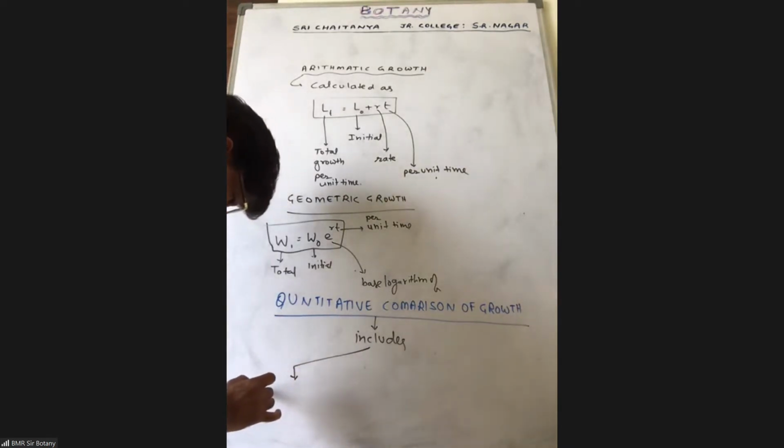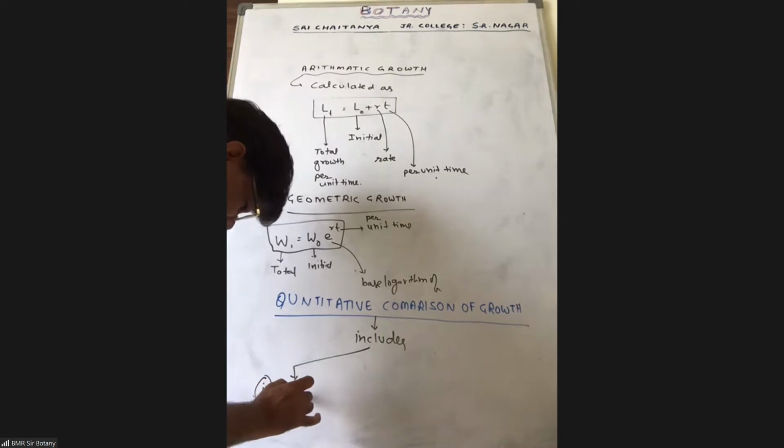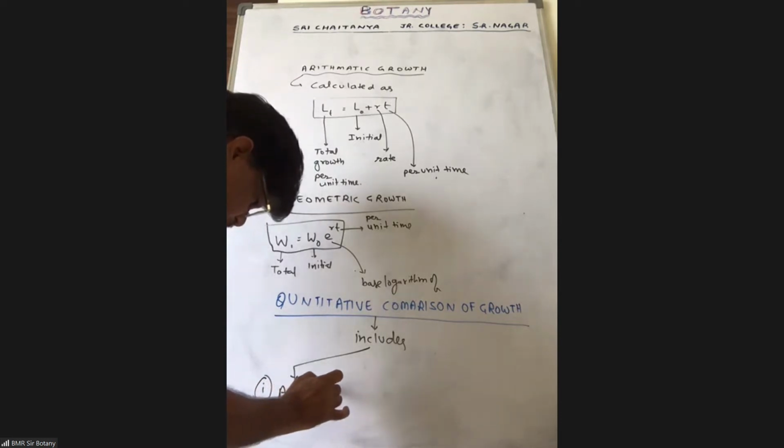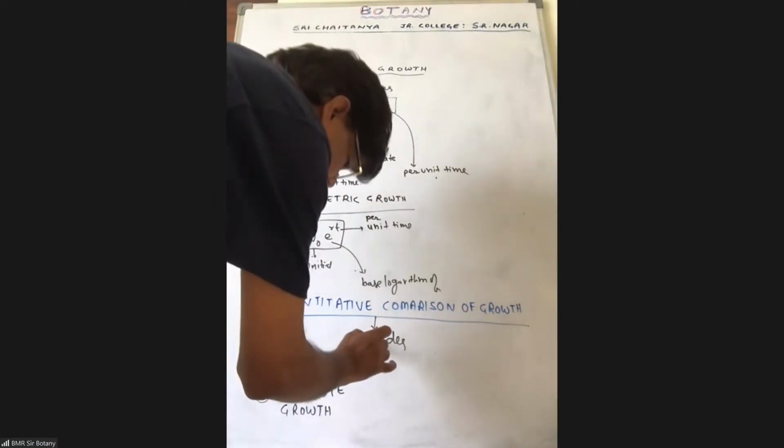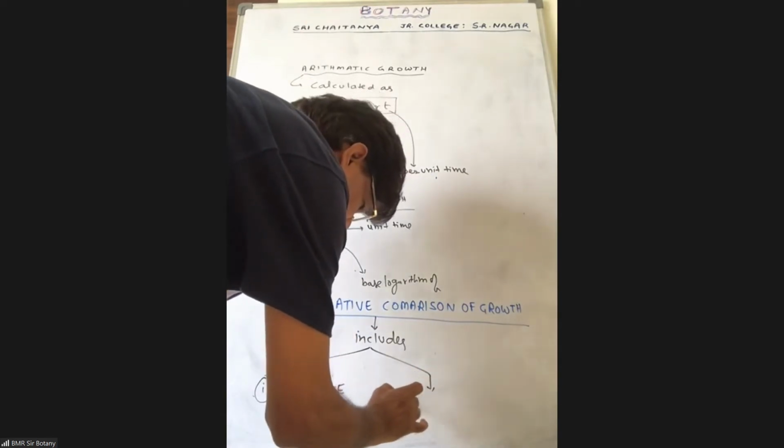One is called absolute growth, the actual growth. Two, relative growth.